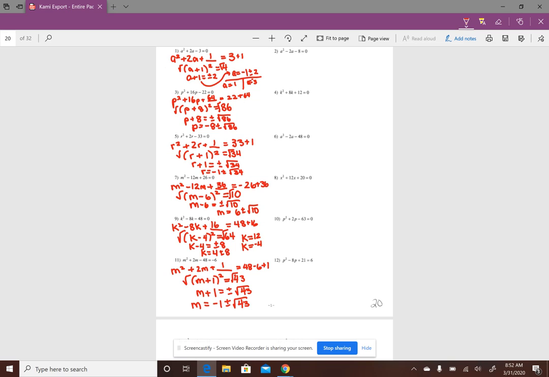For 5, I have negative 1 plus or minus the square root of 34. For 7, I have 6 plus or minus the square root of 10. For 9, I have 12 and negative 4. And for 11, I have negative 1 plus or minus the square root of 43.